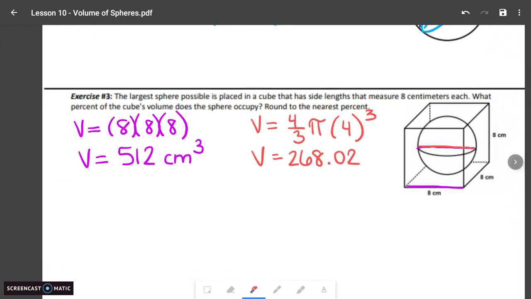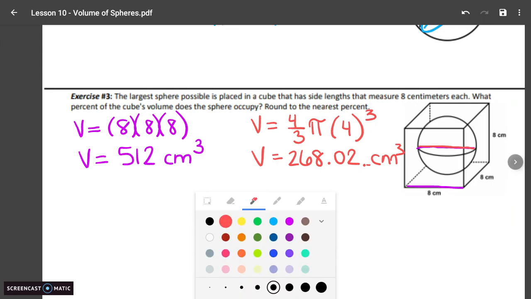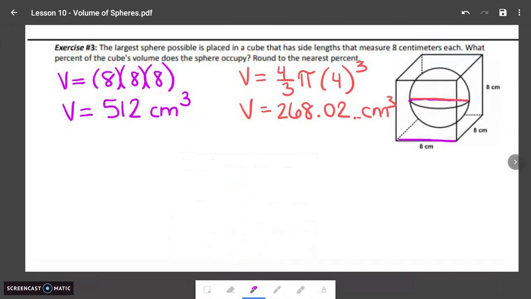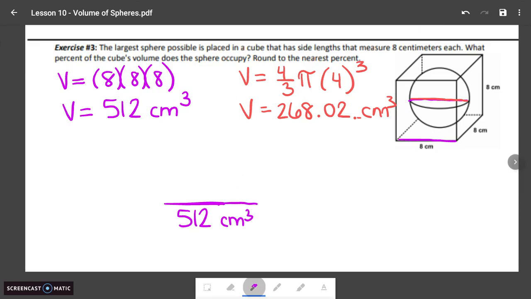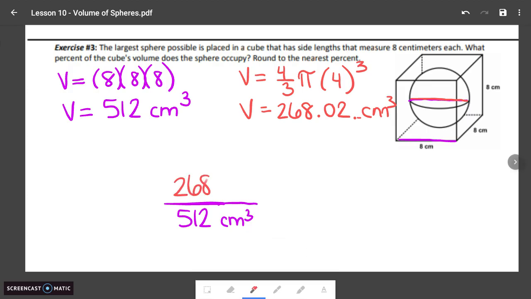Now, we're trying to find the percent. So think about a percent of something occupying it. The total amount possible is what the cube is, the 512. So it's out of that potentially. We want to know how much of the space is filled. So we're going to take the number we just got and we're going to divide it by 512, right?